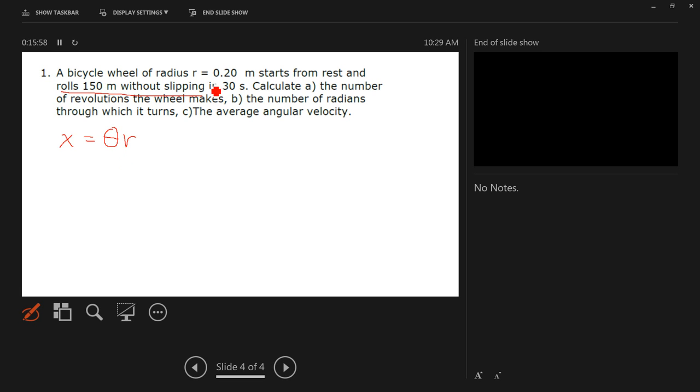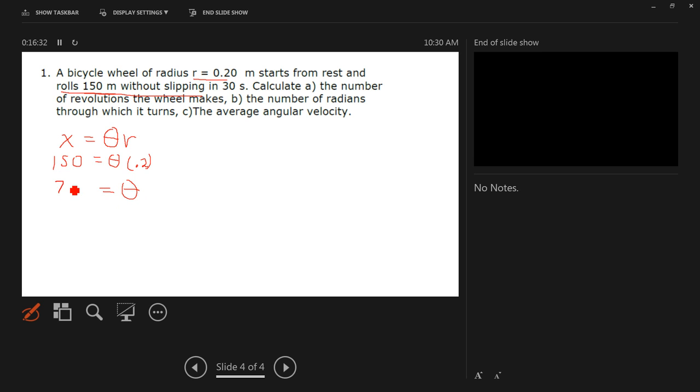And notice that we have R and we have X. So we could convert this to a theta type formula. Theta equals X over R, with R equal to 0.2. 0.2 is 1/5. 5 times 150 is 750.